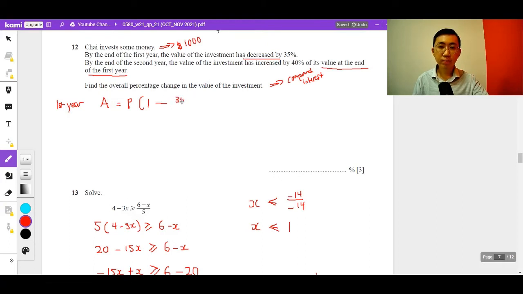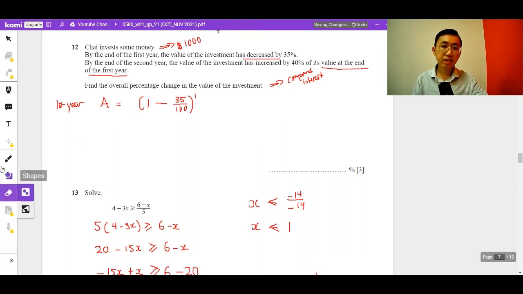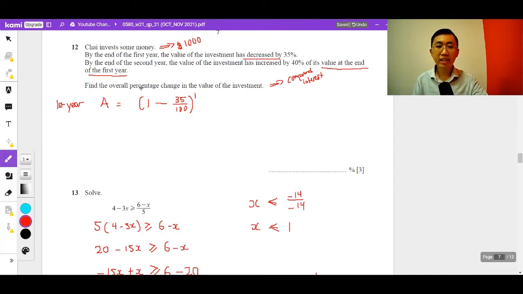So interest rate over 100, to the power of t. Okay, you can fill in your t and your principal amount. Time is year by year, so it's just 1 year. Principal, as I mentioned, assume it is $1,000. So I'm going to put in 1,000. Alright.